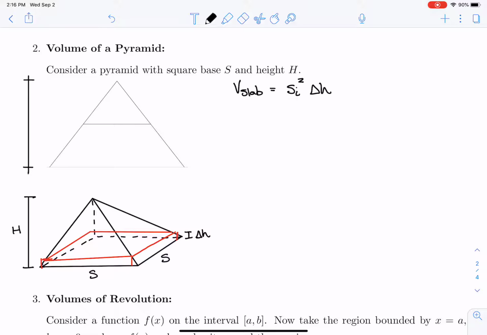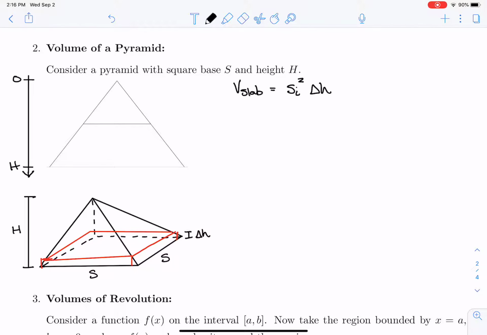What I'm going to do when I do the volume of this pyramid is think about it upside down. So that 0 is actually at the top of the pyramid, and then the height, capital H, is at the bottom of the pyramid.